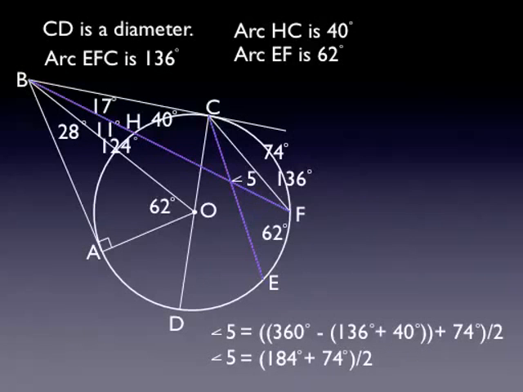It's 184 degrees. So adding together 184 degrees on one side and 74 on the other side, we find that we have 258 degrees total. Dividing by 2, we get angle 5, which is 129 degrees. Let's look at the rest of our diagram.